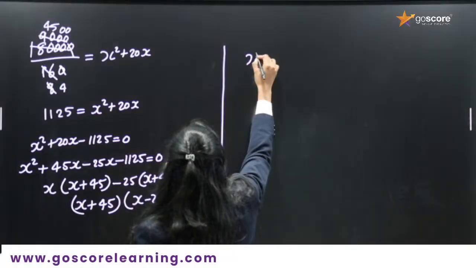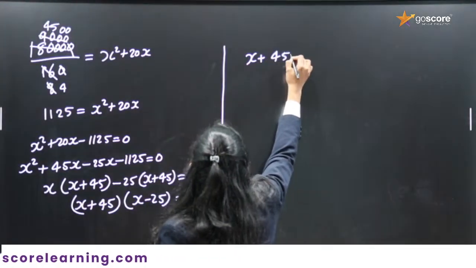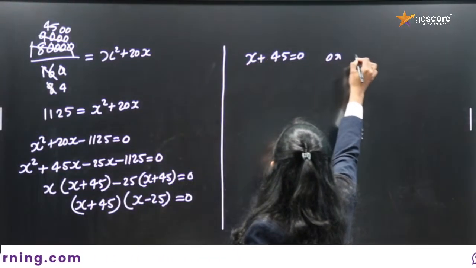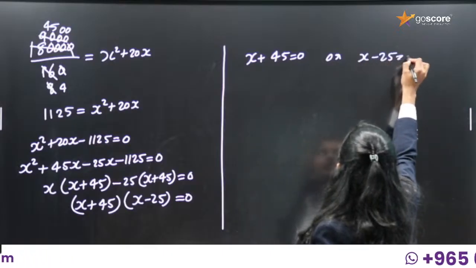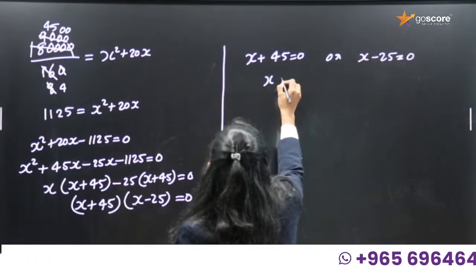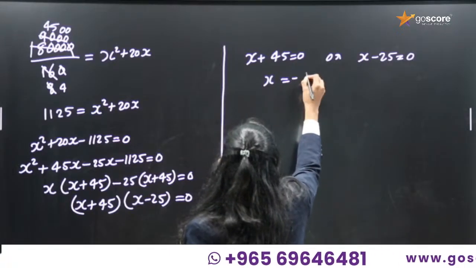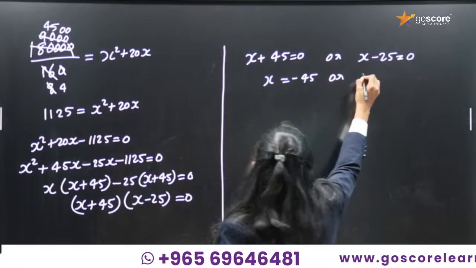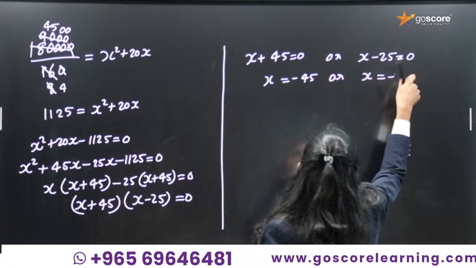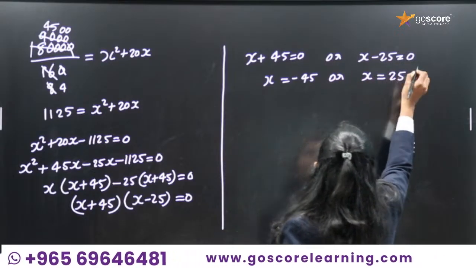So x plus 45 equal to 0 or x minus 25 equal to 0. So x is equal to minus 45 or x is equal to 25. So which one you need to take?